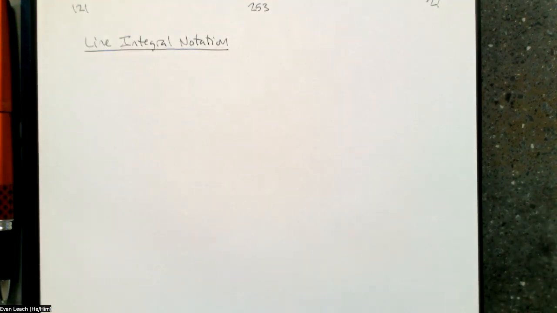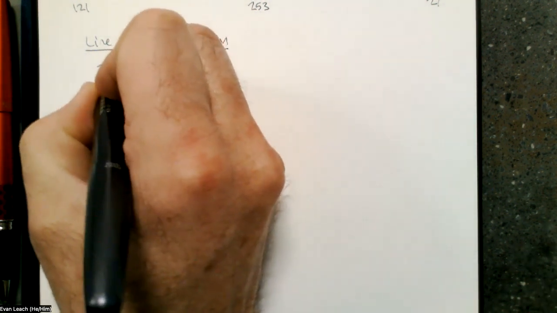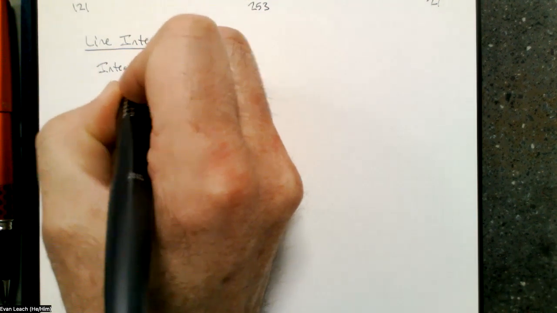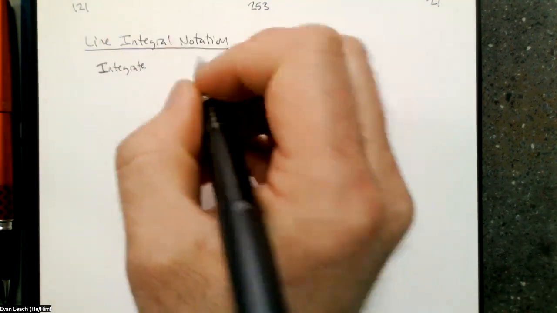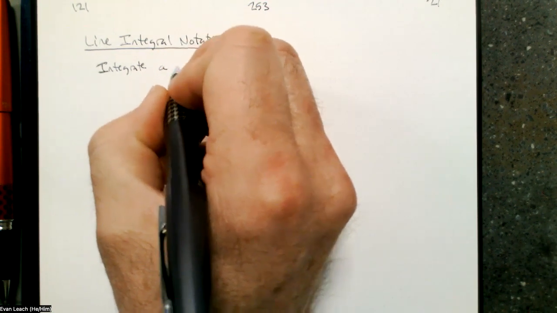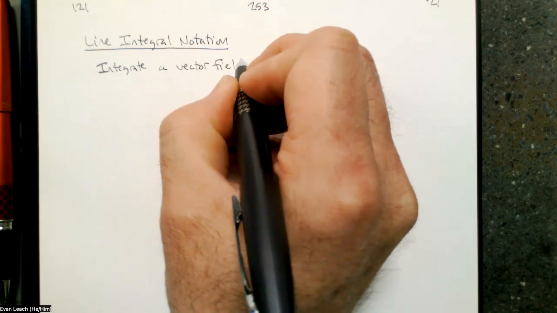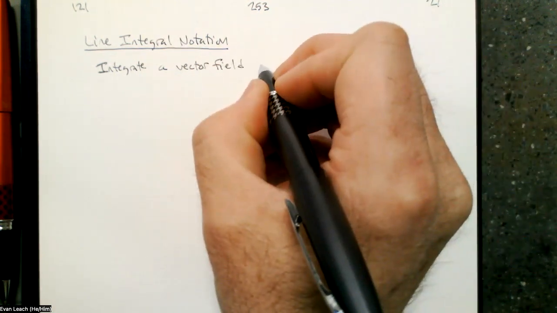I want to take a minute to talk about line integral notation, because this does tell us something about what we are doing. So we want to integrate a vector field over some path.